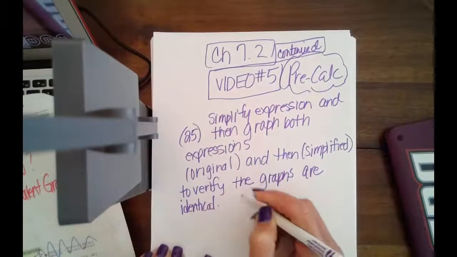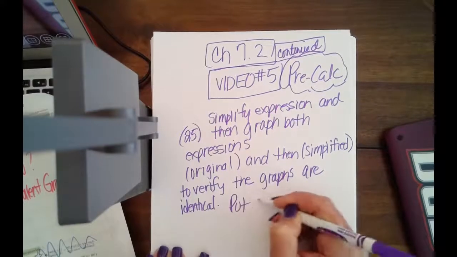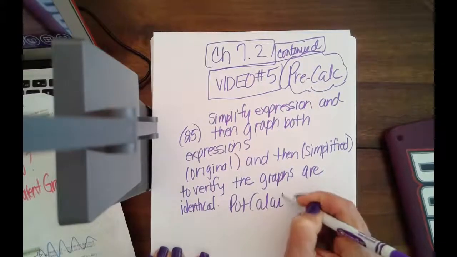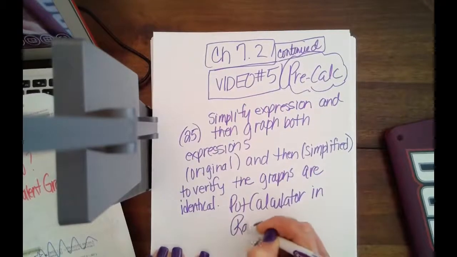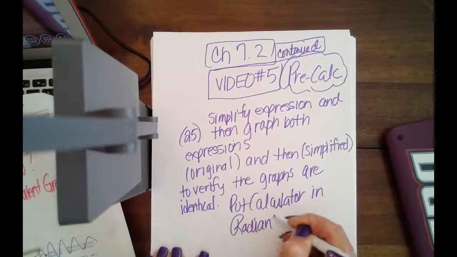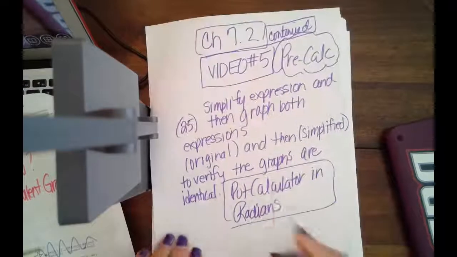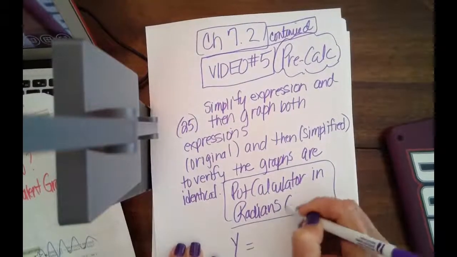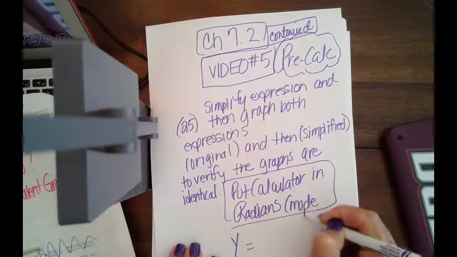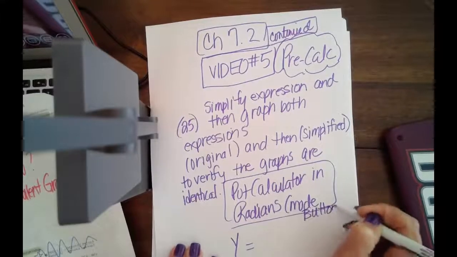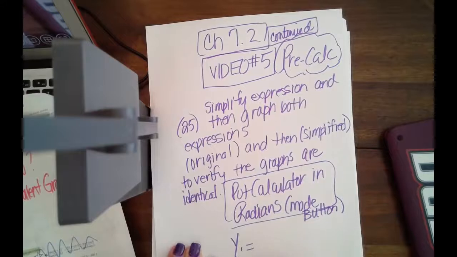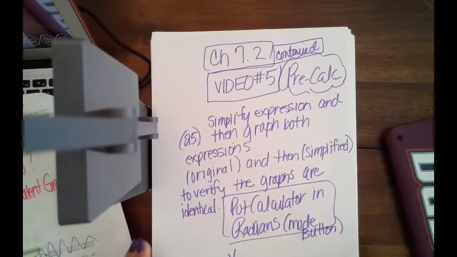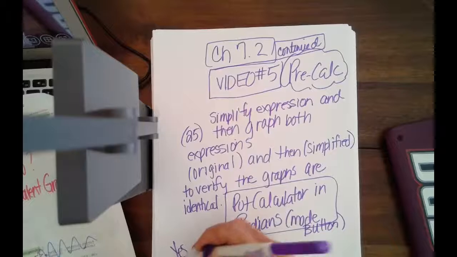So first of all, put your calculator in radians. You will graph these, and that's from your mode button. You're going to do the y equals, you just do one and then do the other and see if you end up with the same graph. It's going to be a yes or no answer once you do all this.